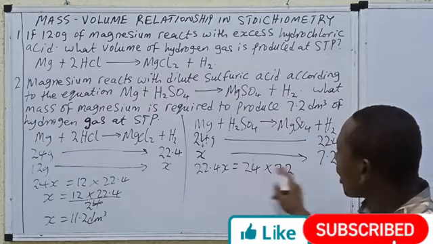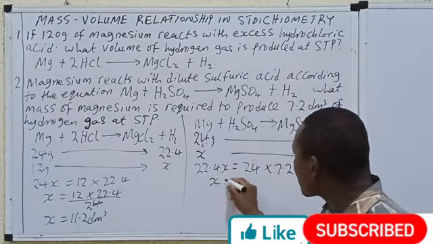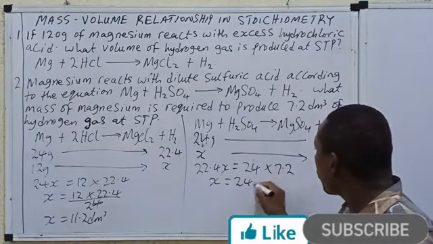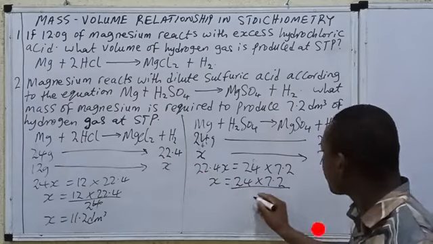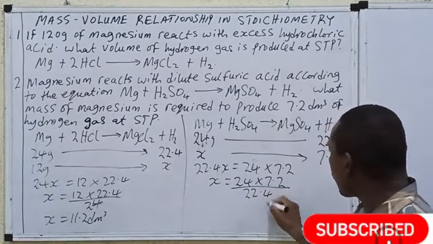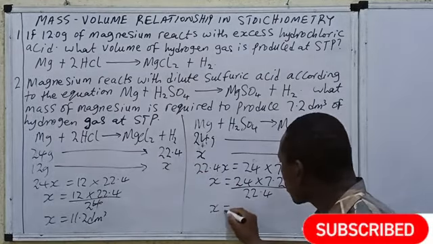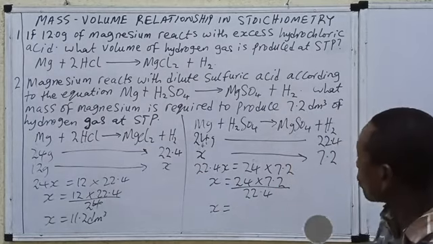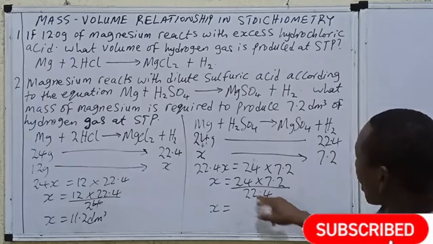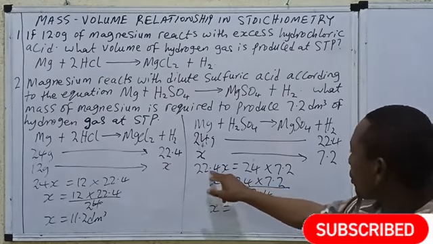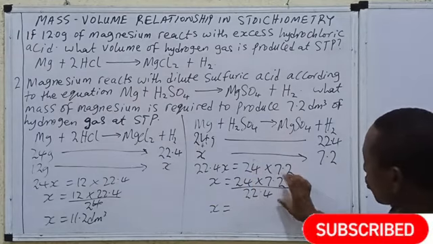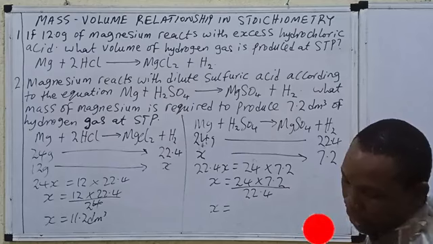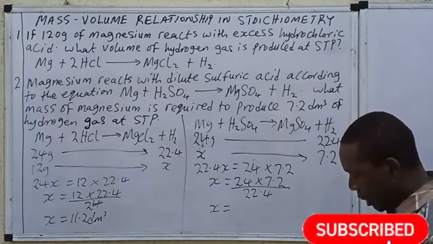If I divide both sides by 22.4, I have X is equal to 24 times 7.2 all over 22.4. Remember, I'm dividing this side by 22.4, which will cancel out, and I will now divide this side by 22.4. Just use your calculator.